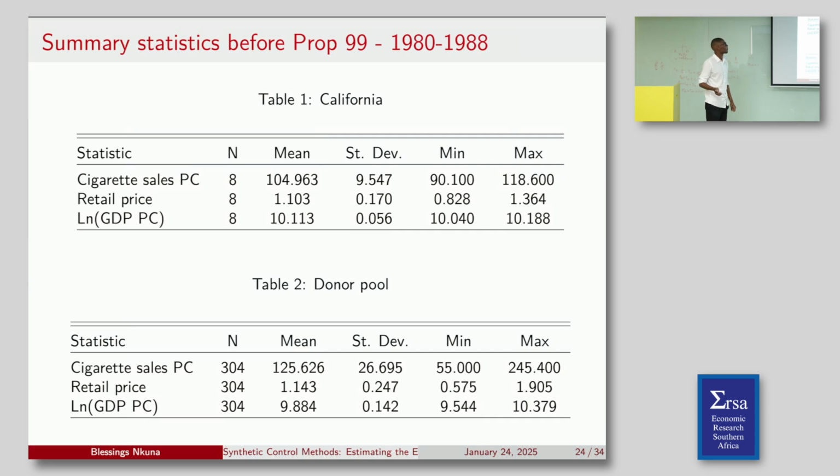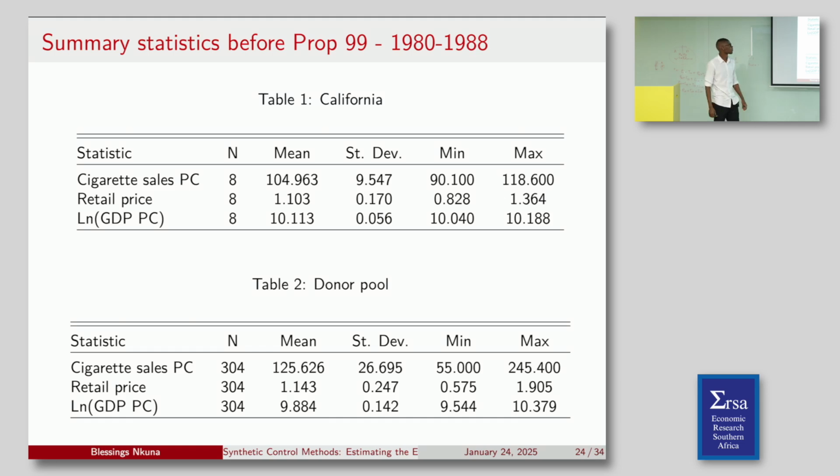So here are some summary stats for California. We already plotted per capita cigarette sales, this one. We want to see similarities, but there are going to be some differences, just like with the parallel trends. Some stats will be similar, but there are still differences.